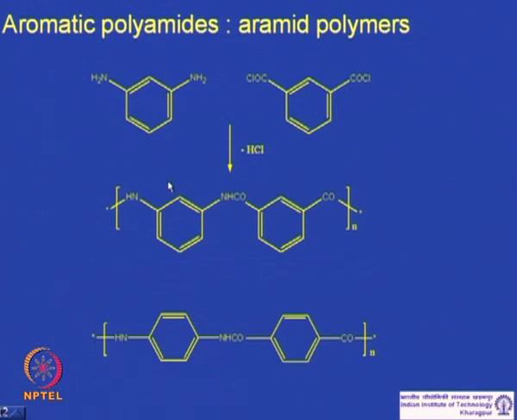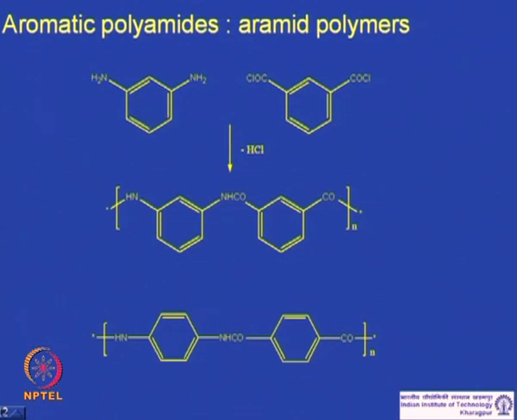Now, in the last slide we saw aliphatic diamine and aliphatic diacids. Now, we want to move to the aromatic diamines and aromatic diester or diacid chloride in this case, and these polyamides are completely formed from aromatic groups.